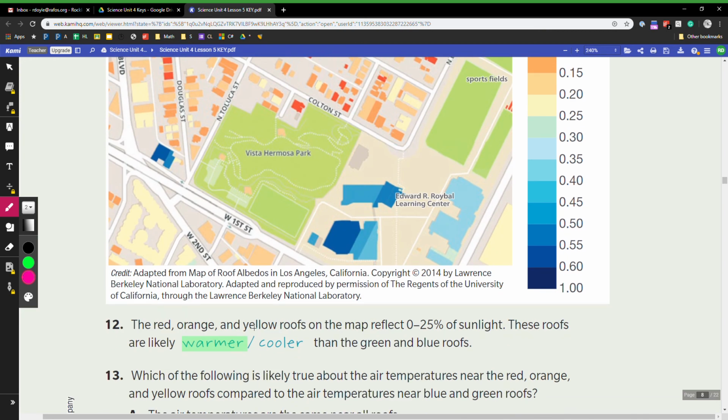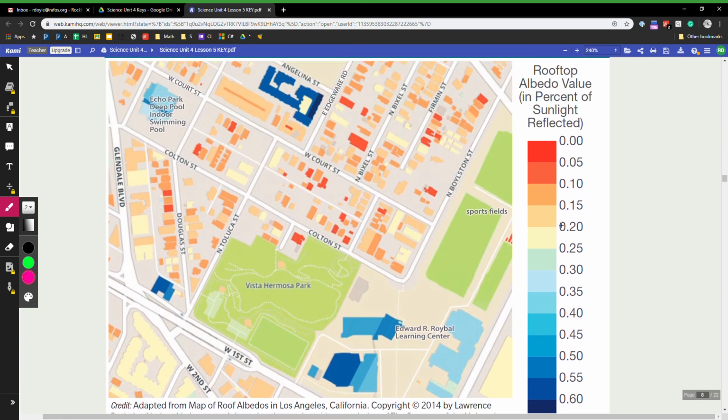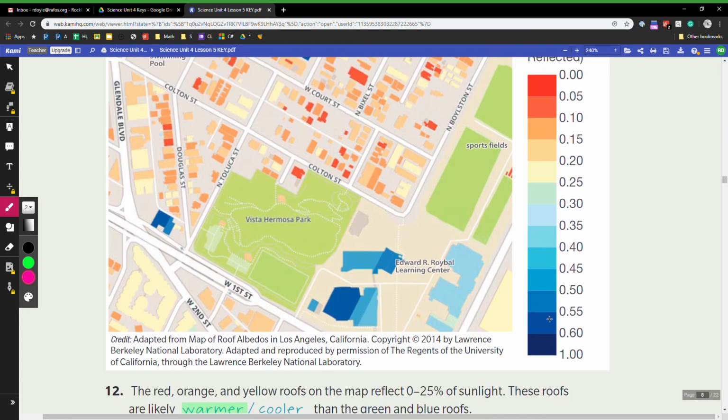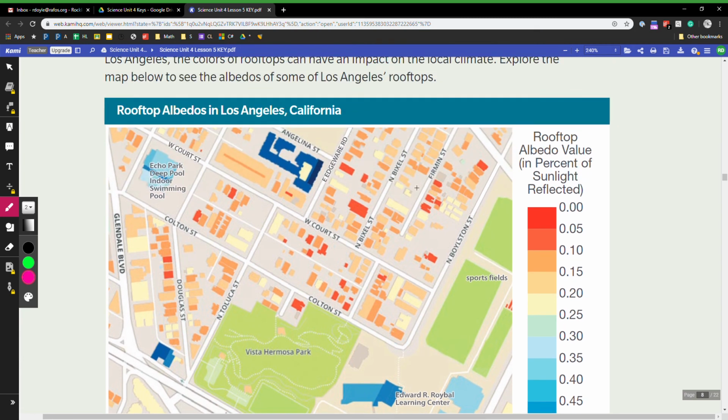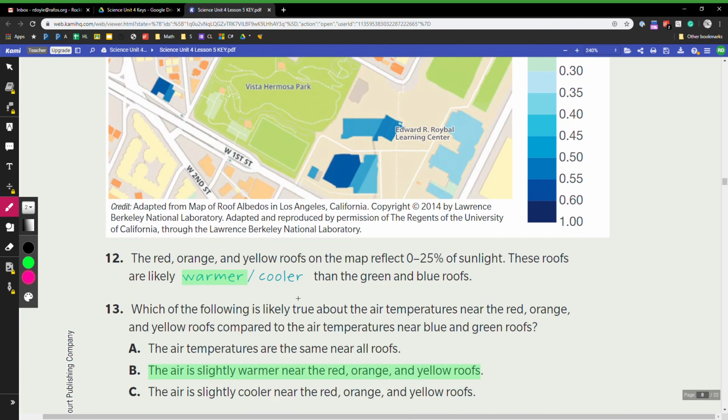So the red, orange, and yellow roofs reflect 0 to 25% of sunlight. These roofs are likely to be warmer than the green and blue roofs, and that's because the green and blue means that it's reflecting more light. So a lot of that light energy from the sun is being reflected back, whereas these darker roofs, which are the red and the orange roofs, they're absorbing a lot of that energy.